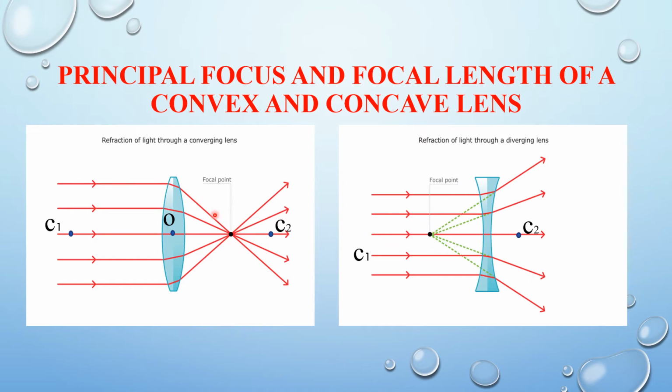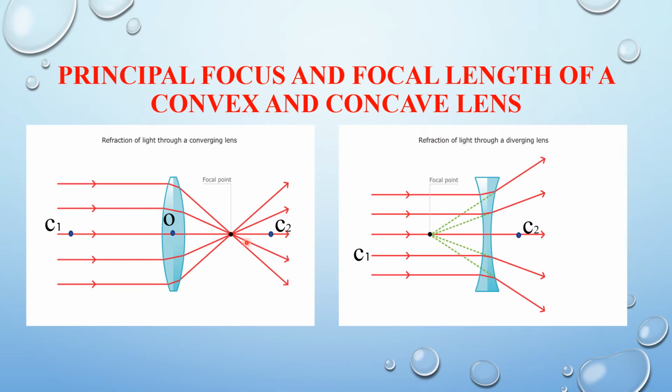It is denoted by F. A convex lens is also known as a converging lens because it converges a parallel beam of light rays. All the light rays actually pass through the focus of the convex lens. So a convex lens has a real focus. This is a basic thing we should remember always.